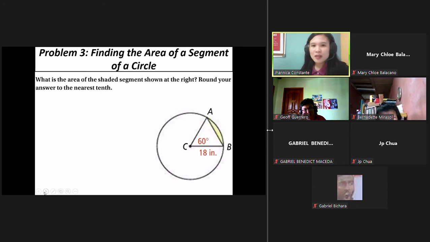So for example, we have this circle. What is the area of the shaded segment shown? Round your answer to the nearest tenth. So the circle C has a radius which measures 18 inches and the central angle that measures 60 degrees. So we're going to use the formula that we have for the area of segment.